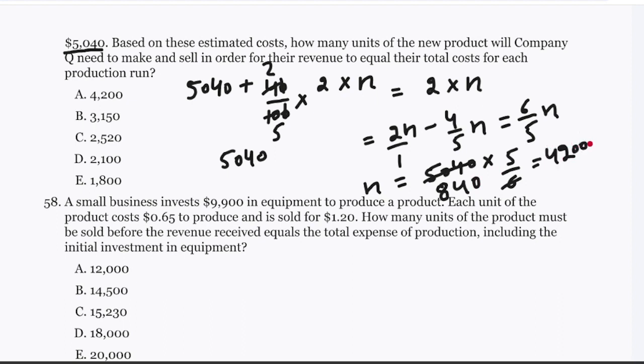The number of units we have to make is 4200. That is the answer. Okay? We need to understand this equation first. If this is clear, the whole question is going to be clear.